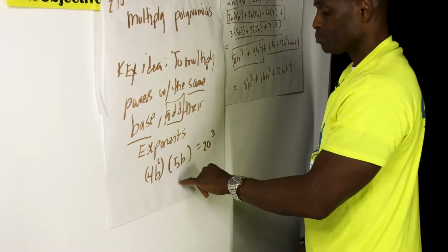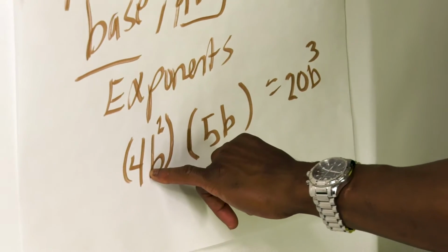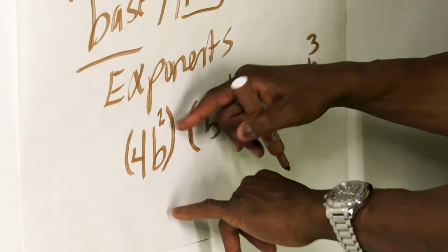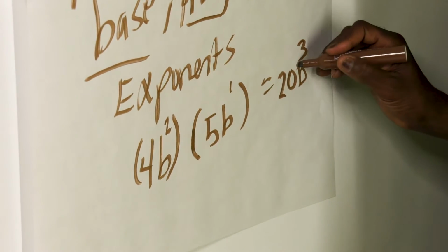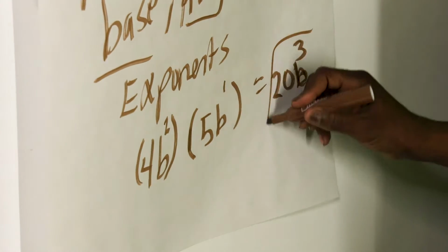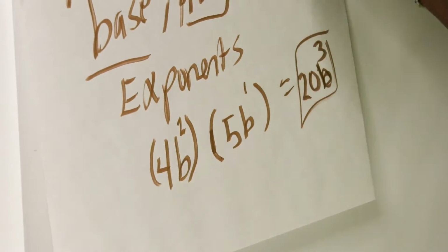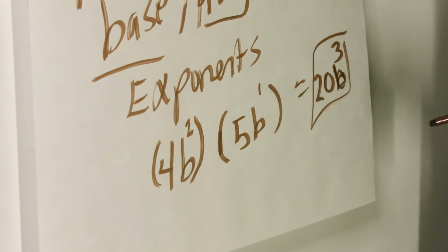And then we put in the variable b. Here is an exponent of 1 and there's an exponent of 2, so that'd be 3. It'd be 20b to the third power. So remember, you're gonna add the exponents whenever you multiply powers with the same base.